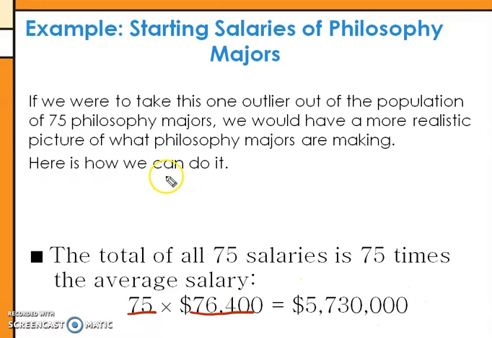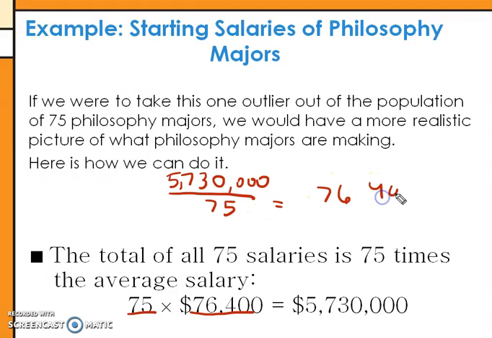Because think, to get to that point, they took the total of all the salaries, which apparently is this, and they divided by the number of people that were in that group. That's where 76,400 came from. So I'm kind of reversing that idea by, if I multiply both sides by 75, so 75 people had this average, means this is the total.